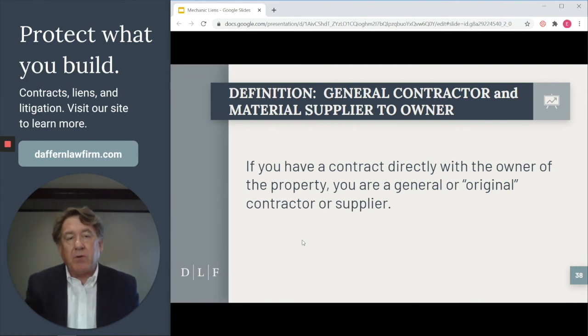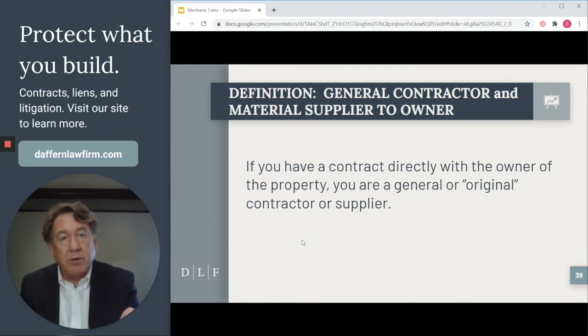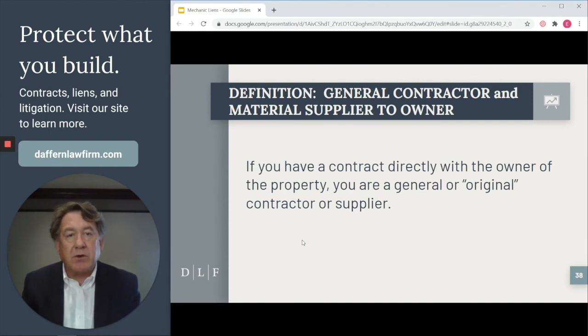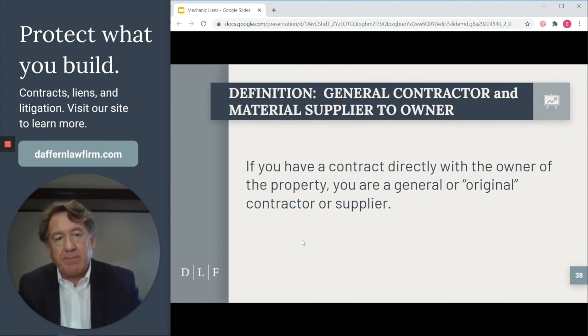So if your contract as a construction company is with the owner itself, or you're a material supplier directly to the owner, then you're considered an original contractor or general contractor or an original or general material supplier.